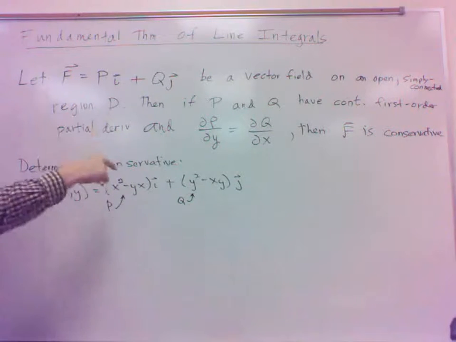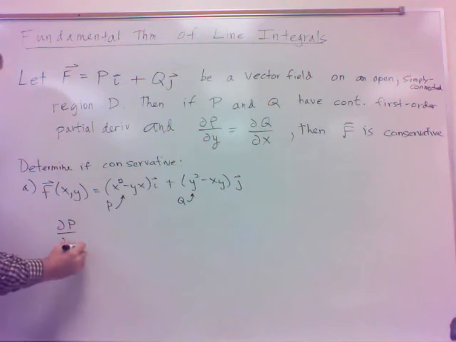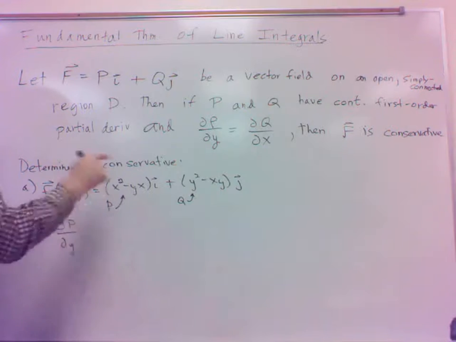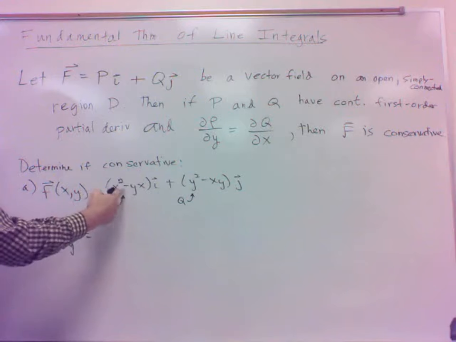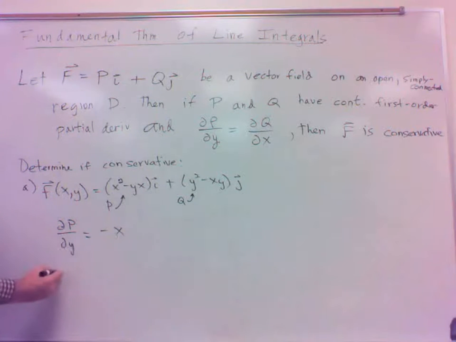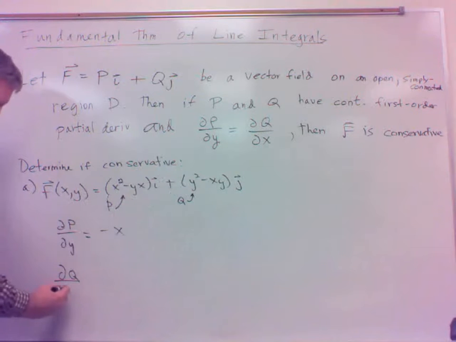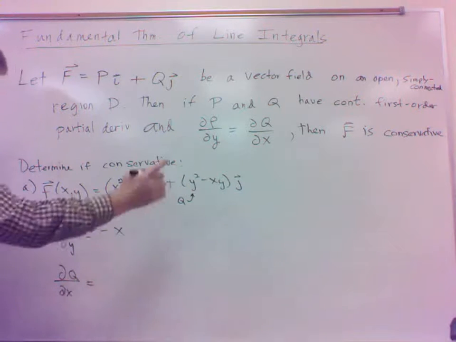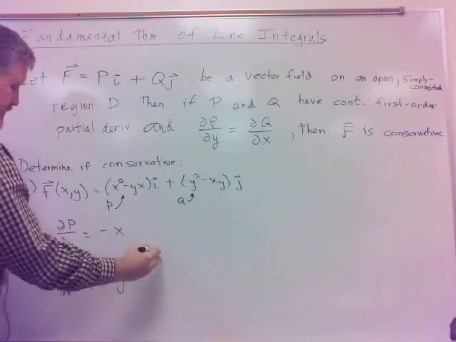And so for this to be conservative, we need the partial of P with respect to y to be equal to the partial of Q with respect to x. The partial of P with respect to y would be 0 and minus x, so it'll be minus x. The partial of Q with respect to x, well, that's 0 and minus y, not equal.